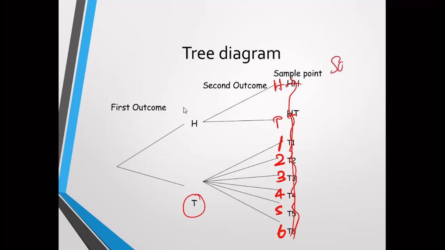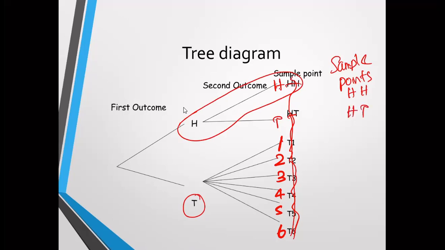So the sample points of this sample space can be written as, the first pair is HH. He or she can get HH or HT. If he gets head first, then the second outcome may be either head or tail.